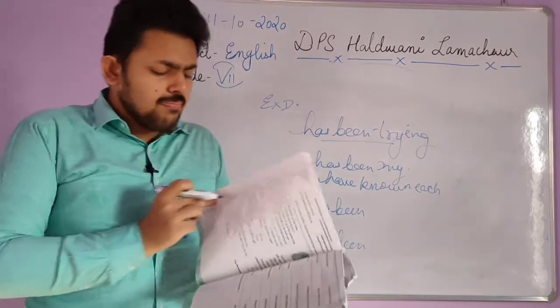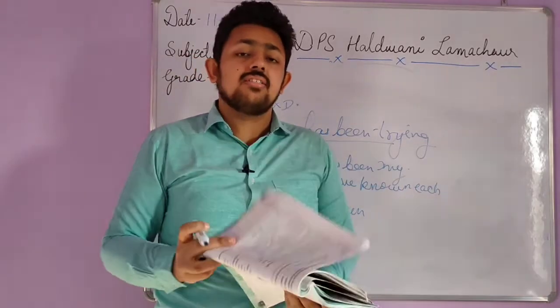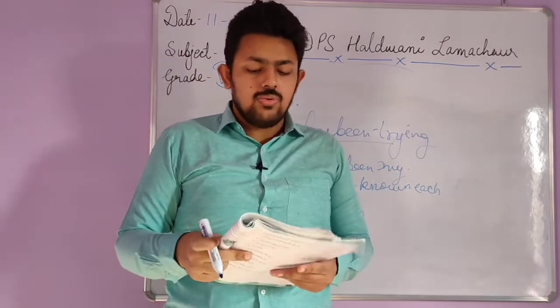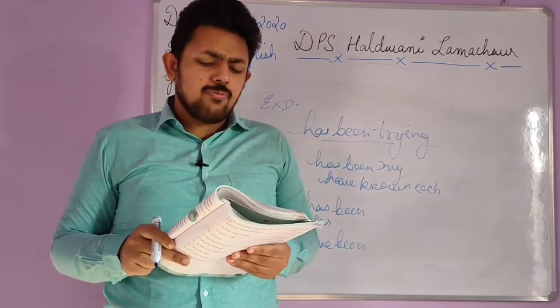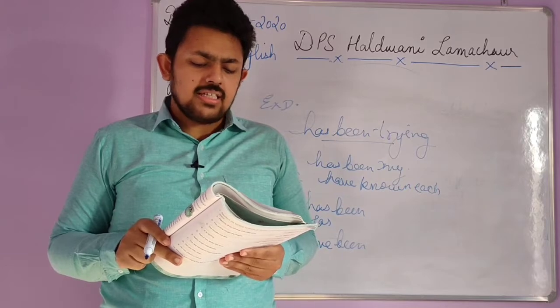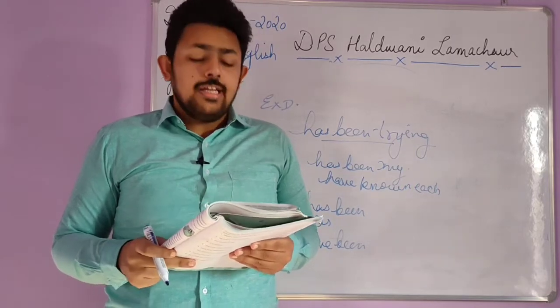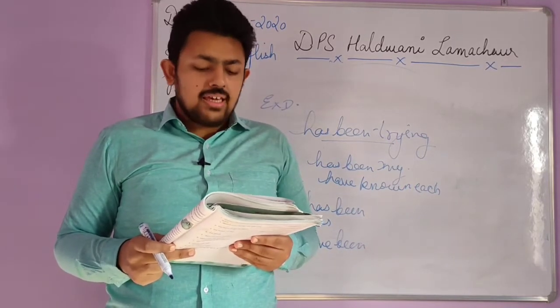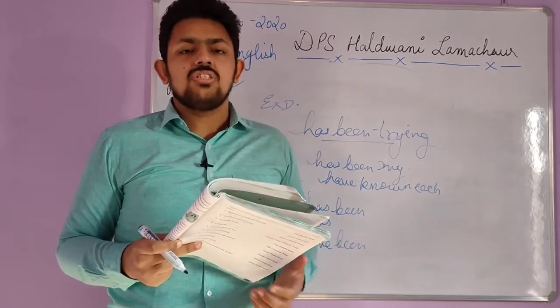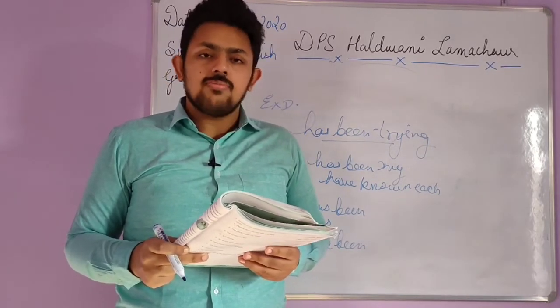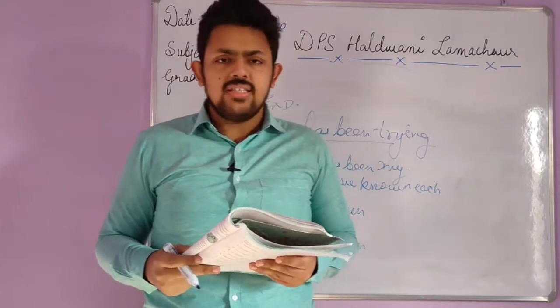So very simple, the sentences in this exercise you can do on your own. Exercise G. Underline the correct forms of verbs given in the brackets and complete the sentences. Neeta am liking, have been liking, likes my new dress. Which is the correct one? Neeta likes my new dress. Very easy.